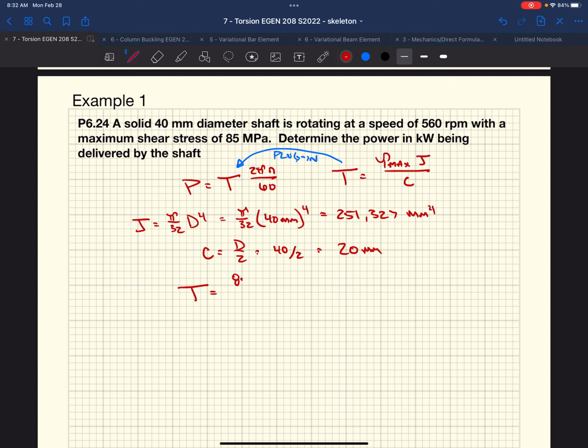Now we can use our equation, knowing that the maximum shear stress is 85. They gave us that in megapascals. I'm going to convert to newtons and millimeters so we can track units. A newton per millimeter squared is a megapascal. We're going to plug in J, 251,327 millimeters to the 4th, and divide all of this by our maximum radius, 20 millimeters.